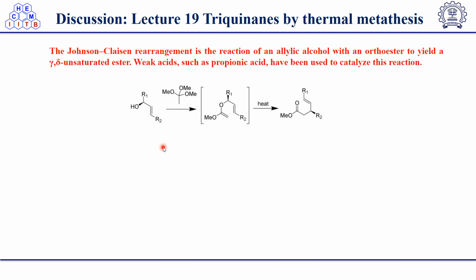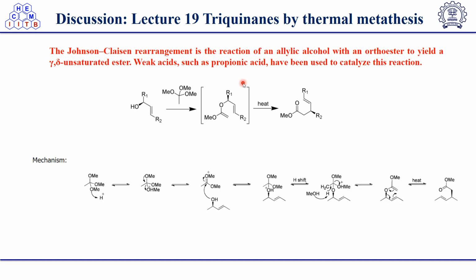Then we saw this Johnson-Claisen rearrangement, which is the reaction of allylic alcohol with orthoester to give this gamma delta unsaturated ester. So here this reaction is catalyzed by weak acids such as propionic acid. So this is the mechanism. From this orthoester, it will abstract one proton, and that will undergo elimination to get this compound.